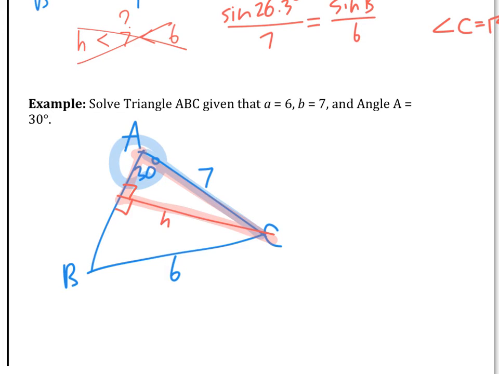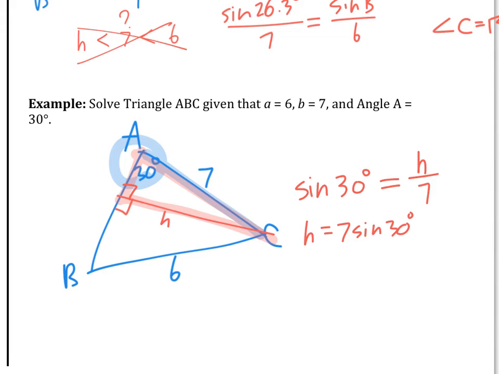So this angle with these two sides makes what trig function? Sine. Only looking at the red triangle, because the red part is the right triangle. Are you guys with me? Yeah. Thank you. So sine of 30 degrees is equal to opposite over hypotenuse. So h is equal to 7 sine 30.